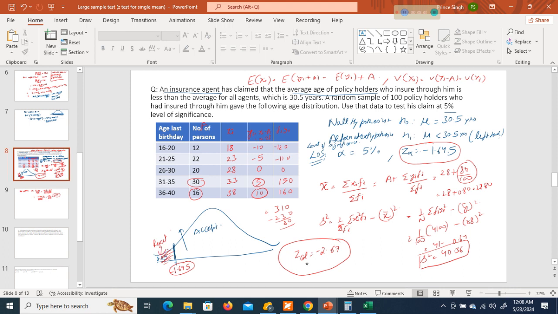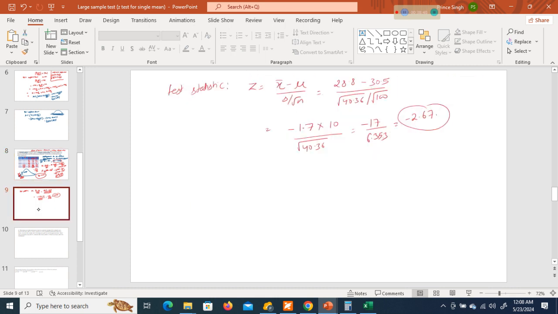Because this value is smaller than z alpha, that is minus 1.645, it means that z calculated falls in the critical region or the rejection region. Hence null hypothesis rejected.